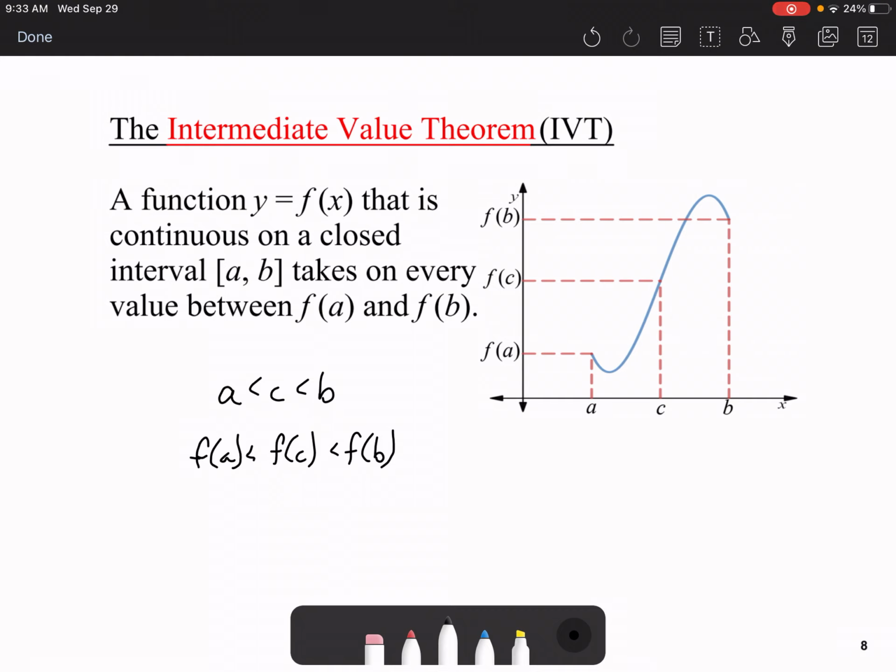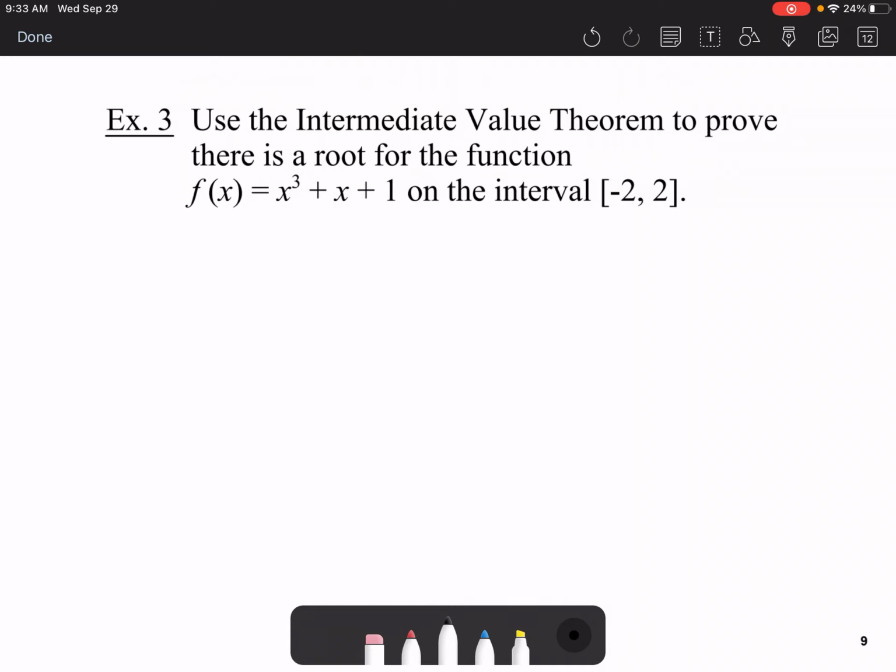So let's use this intermediate value theorem to prove that there is a root for the function x cubed plus x plus 1 on the interval from -2 to 2. So in order for there to be a root for the function, there must be some value c such that f at c equals 0.